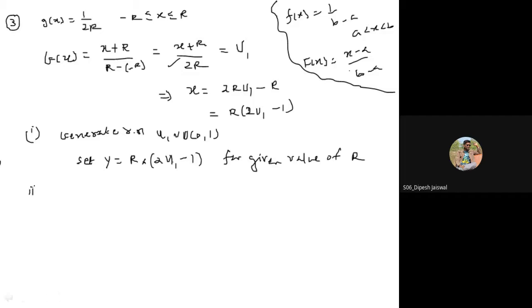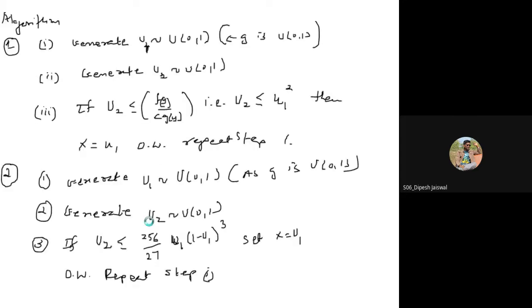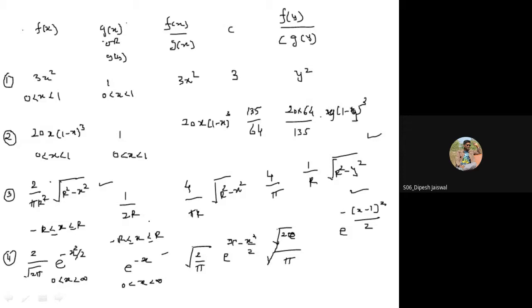Second, generate u from uniform 0 1. Step 3, if u is less than or equal to, what is the formula? It is a 1 upon r square minus y square.